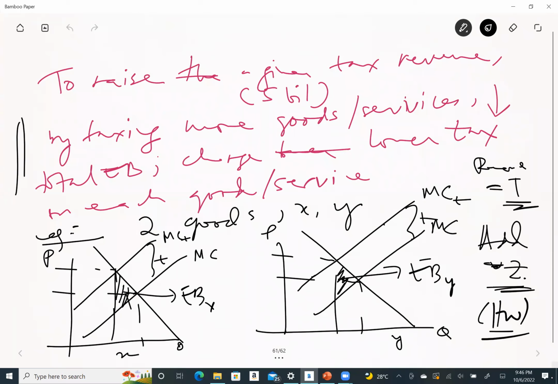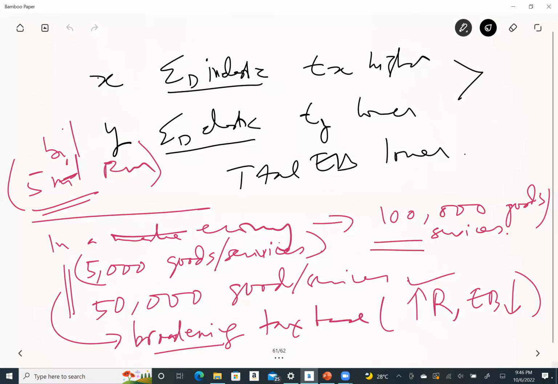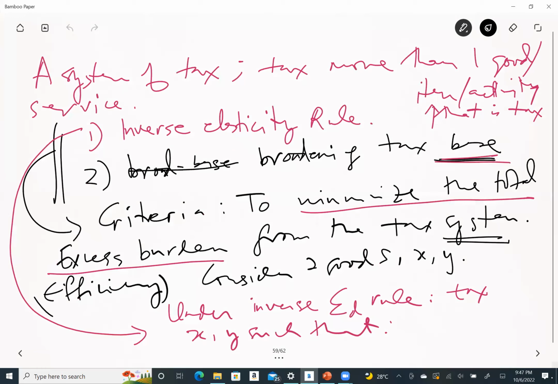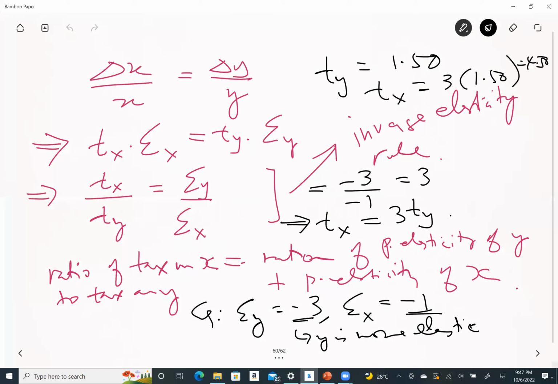There is a name for that. Now the inverse elasticity rule, the ratio, that relationship that I mentioned here: you tax such that delta x over x is equal to delta y over y. There is a rule. I give the name of the rule here. This is what we call the Ramsey rule.